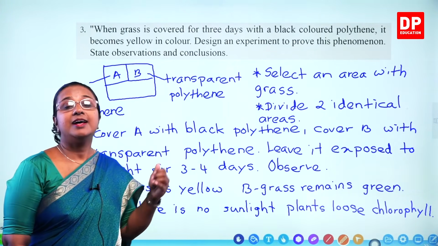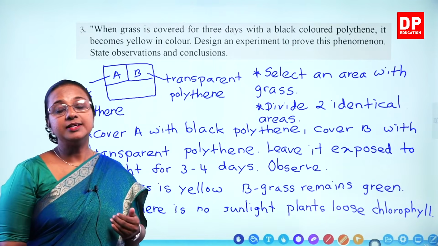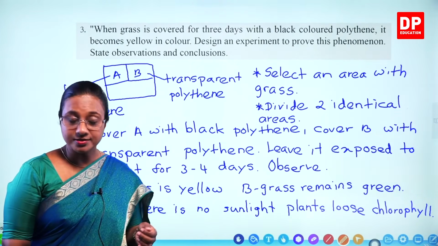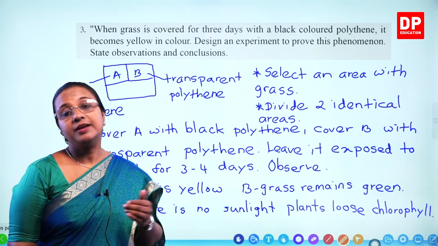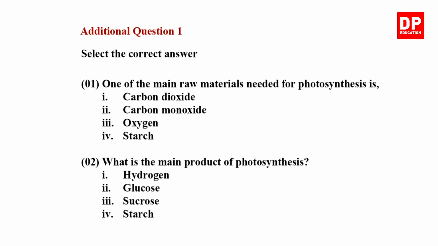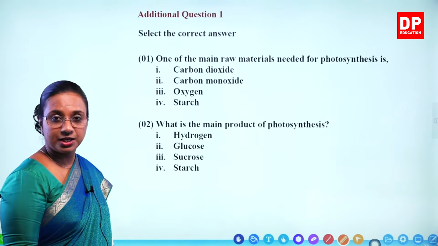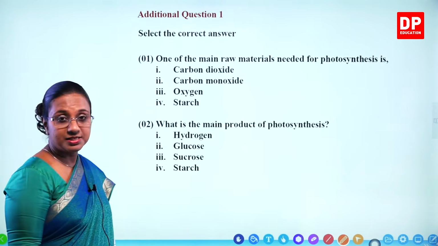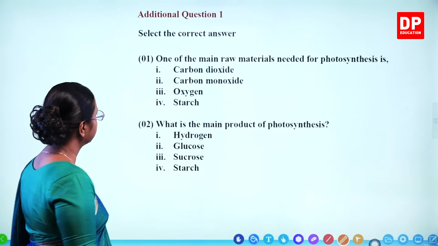So with that, we have discussed all the questions in your textbook. Now I will discuss some additional questions. Additional question 1. Select the correct answer. Again, these are MCQ type questions, multiple choice type questions.